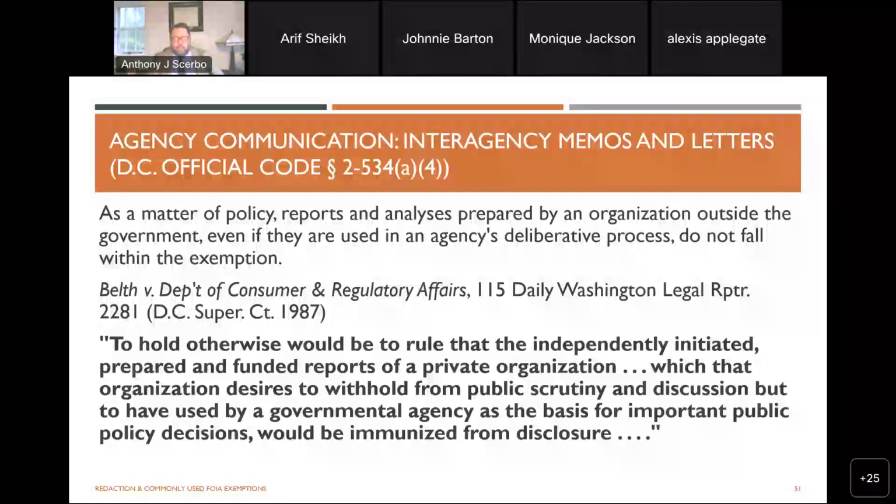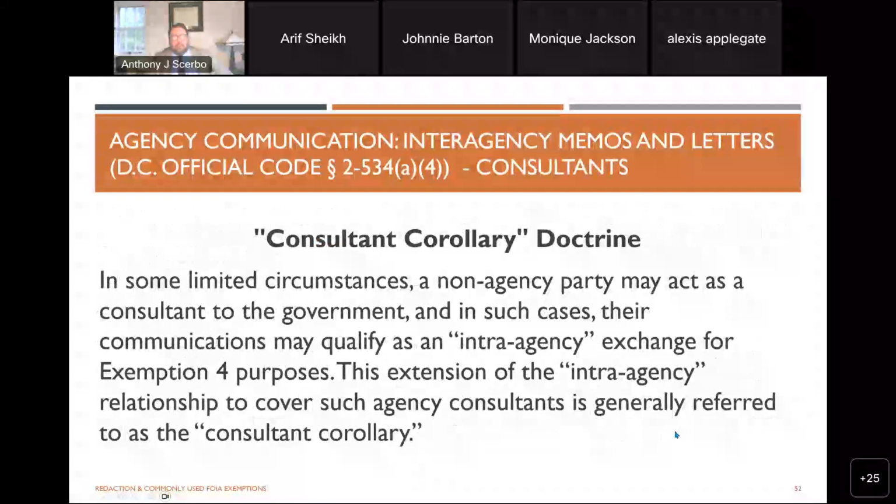And that organization, this private company, wants to withhold from public scrutiny and discussion, but it's been used by the insurance regulators as the basis for important public policy decisions. In this case, whether they needed to look into or adjust the regulation on individual insurance companies would be immunized from disclosure. And clearly, the court held that those exemptions would not cover that, and that disclosure was necessary.